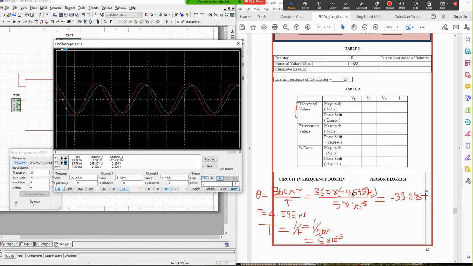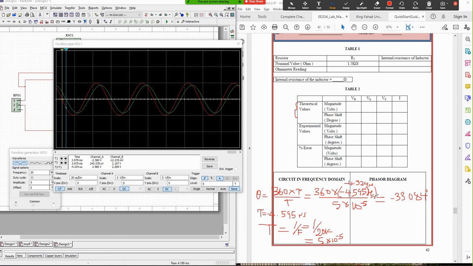Now it has decreased a bit, which is minus 4.324. So if we assume it is minus 4.324 microseconds, let's see what we can get. Minus 4.324 microseconds.